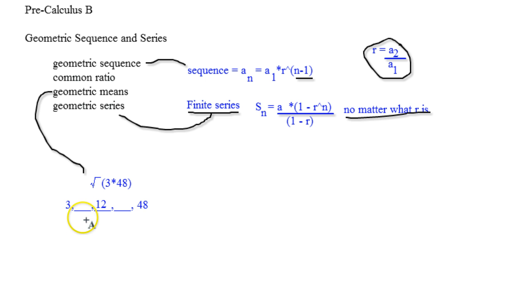Okay, and to get each subsequent number in between, once again, you still do the square root, and in this one it would be 3 times 12. Okay, that should be 6. And then this one right here, it should be 12 times 48.